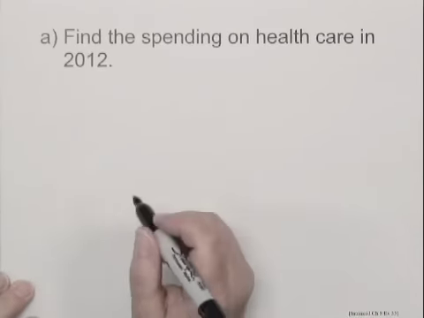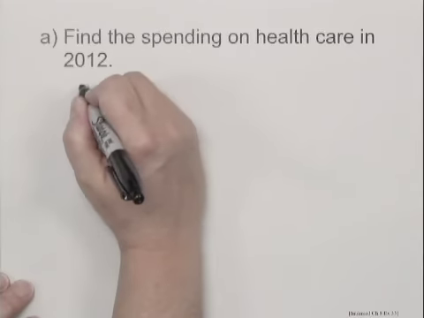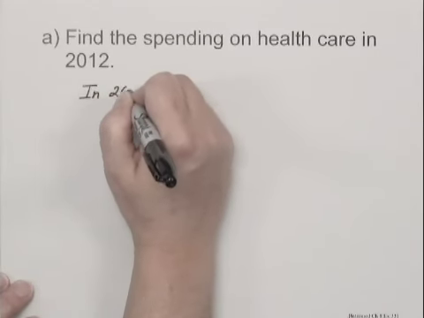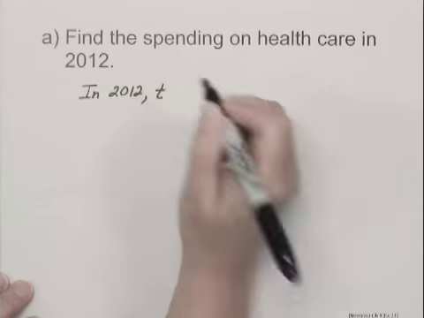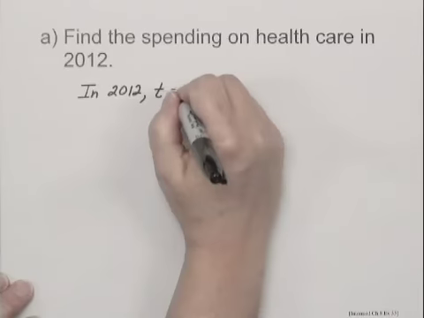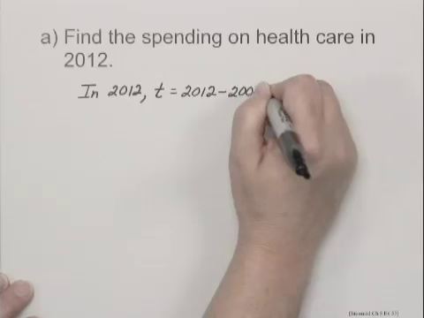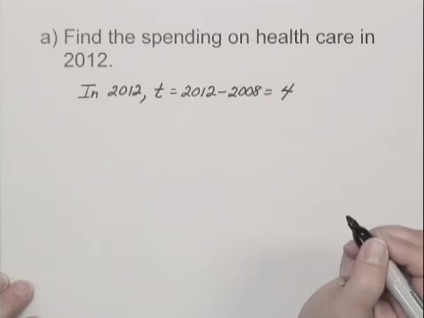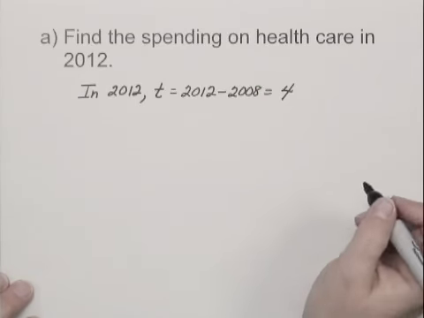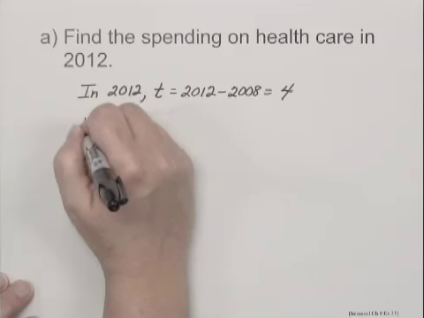We first need to decide what t represents. In 2012, t will be the number of years since 2008, which is 2012 minus 2008, which is 4. So what we want to find is h of 4. Now let's copy what h of t is.